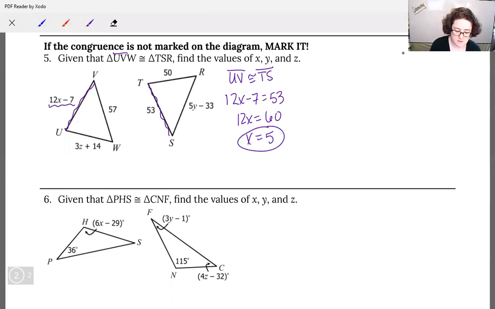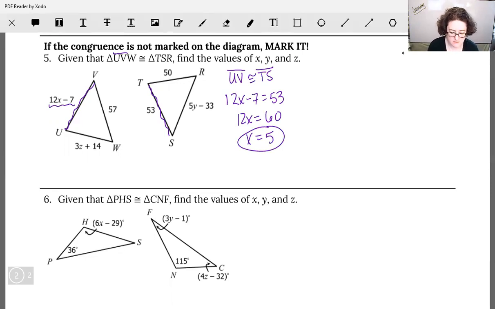Alrighty, so let's check out our y. So here's our y segment, RS. So in the same order in the other triangle, I know that RS has to be congruent to WV. And so WV on the other triangle is 57.